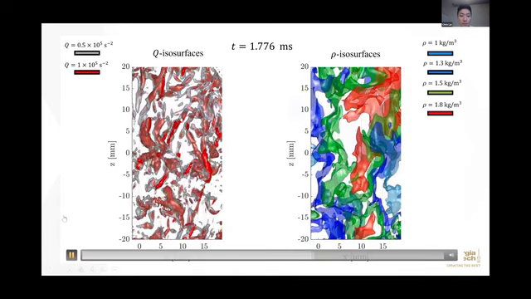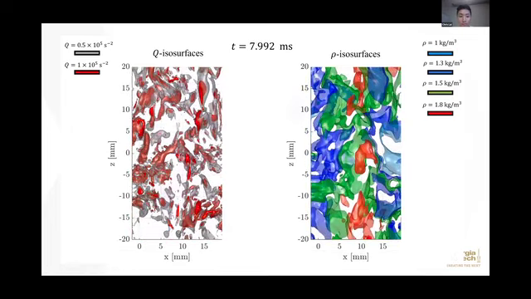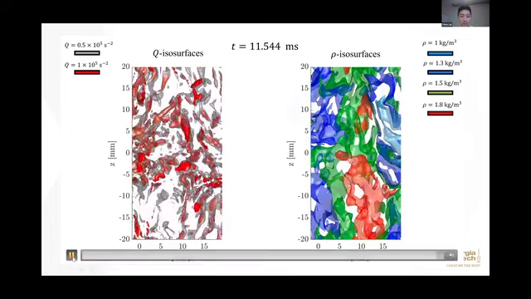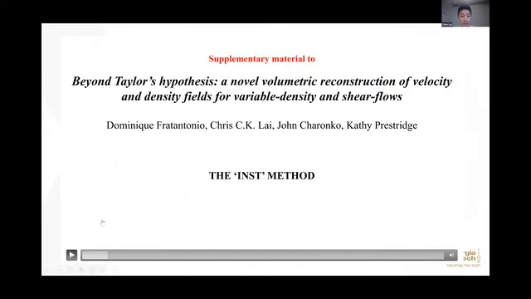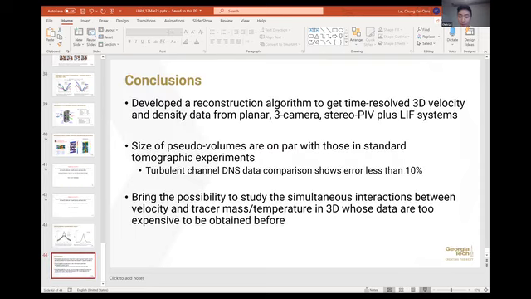You will not be able to do that with Taylor. So this is a really quick snapshot of what we have.